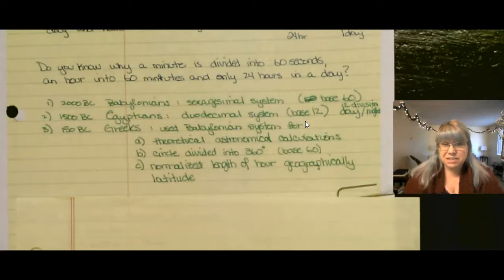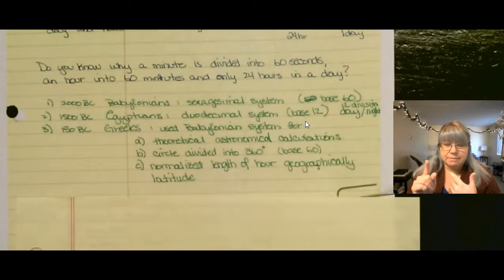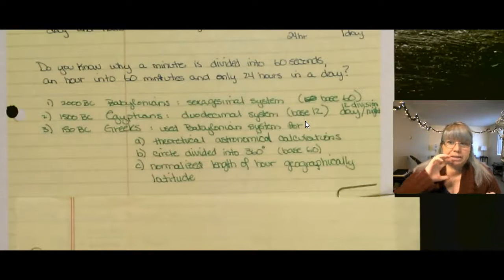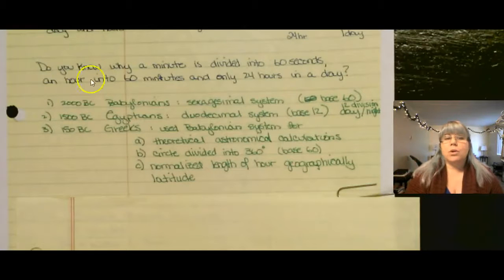They specifically left them separate, 12 daylight hours, 12 nighttime hours. Since then, we've combined it to 24 hours in a day, calling the whole unit, daylight and nighttime, a day.